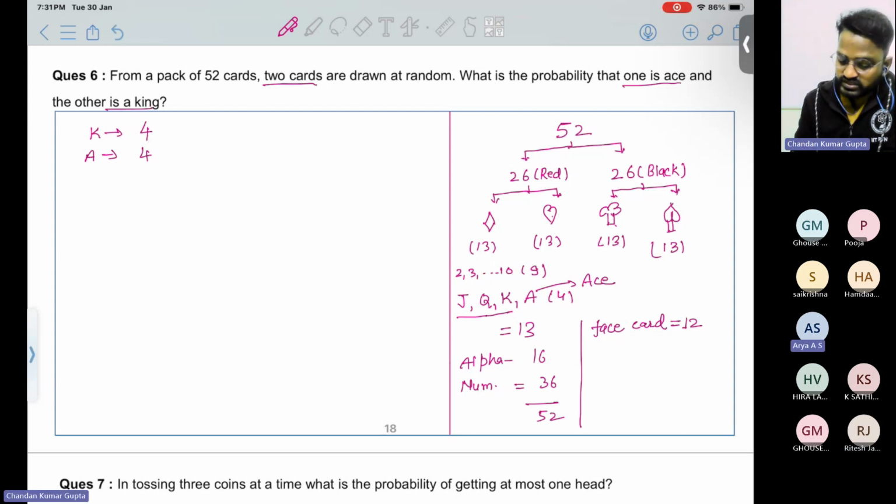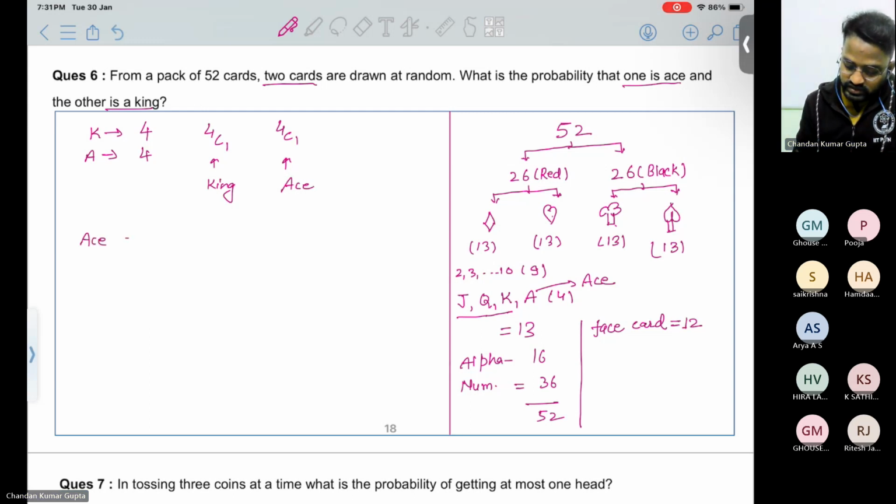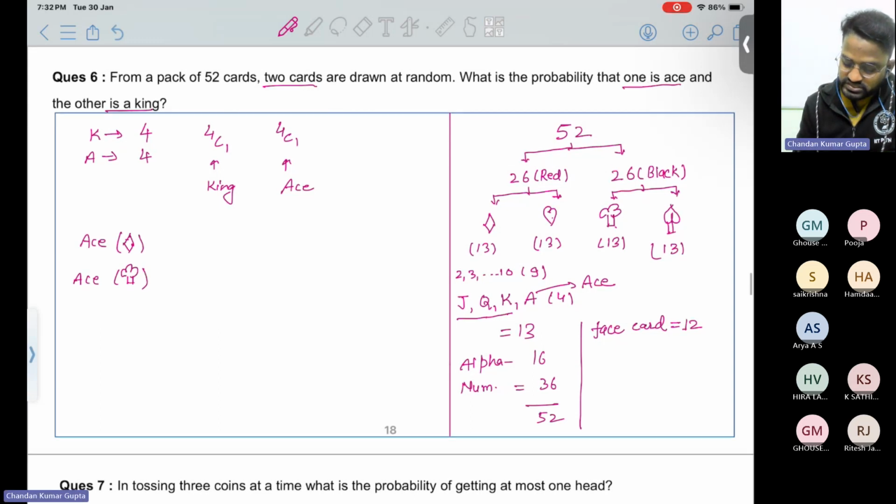So what is the possibility? 4C1 for king and 4C1 for ace. Actually, there are four possibilities. Suppose person A draws ace of diamond, and the second person draws ace of clubs. That's why there are four possibilities. So 4C1 possibilities to draw ace and 4C1 possibilities to draw king.